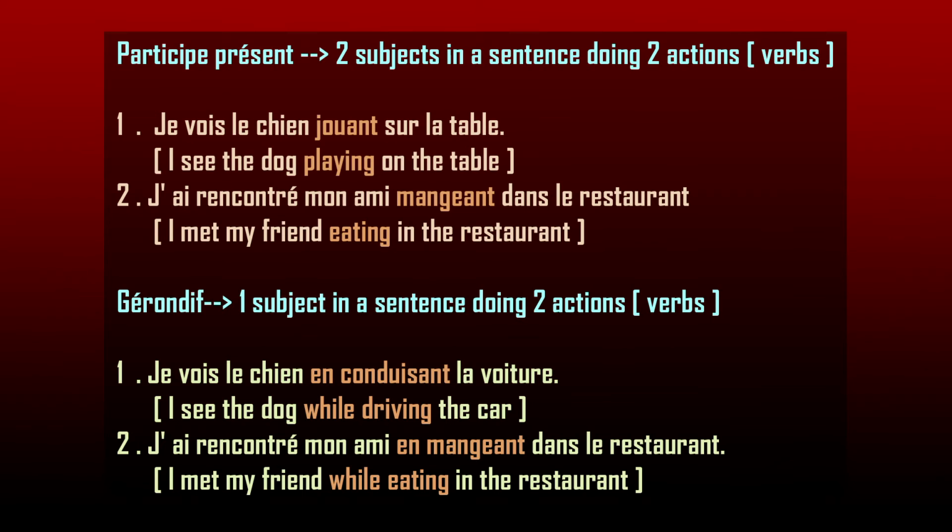So one subject, I, doing two actions, meeting my friend and eating in the restaurant. Here we use le gérondif to make a sentence like J'ai rencontré mon ami en mangeant dans le restaurant. I met my friend while eating in the restaurant.